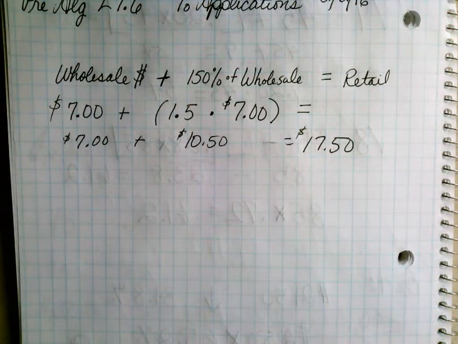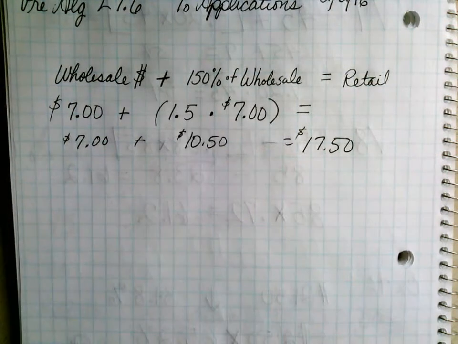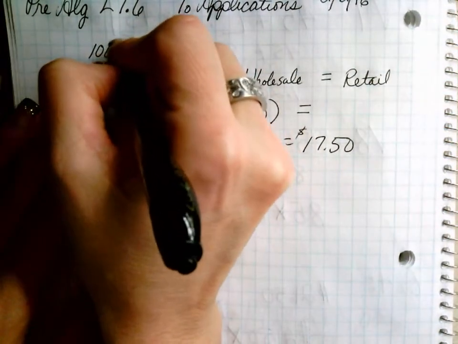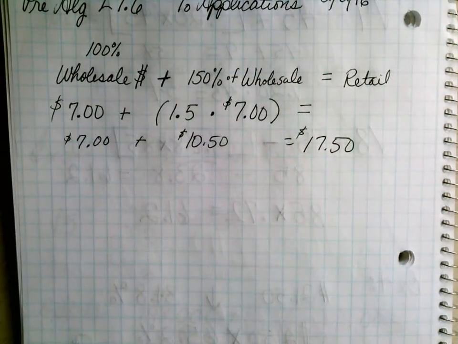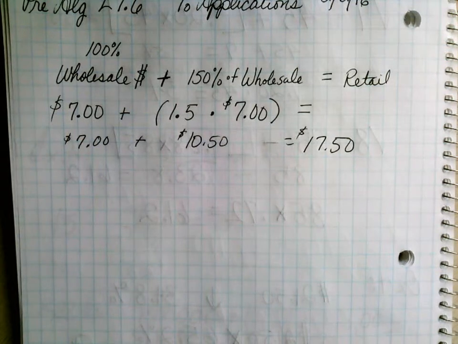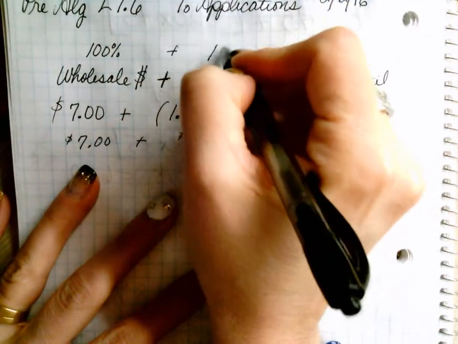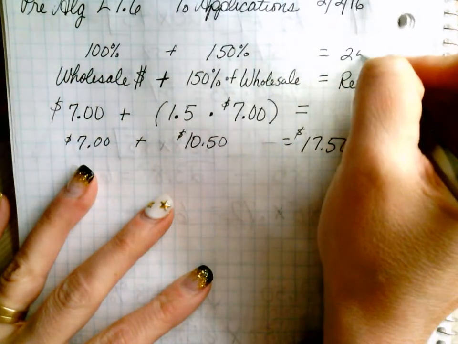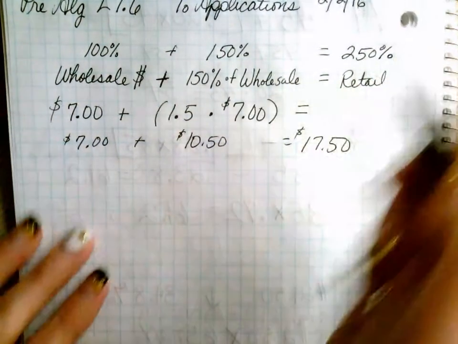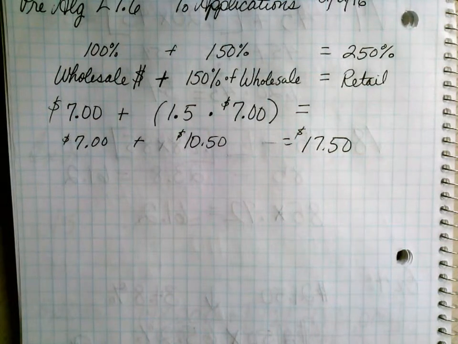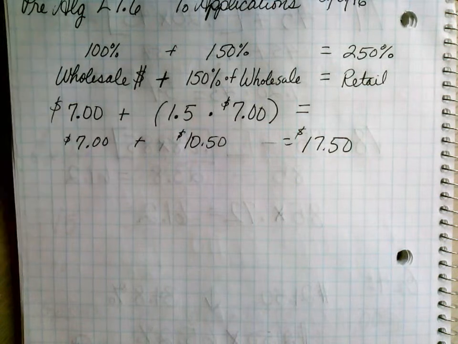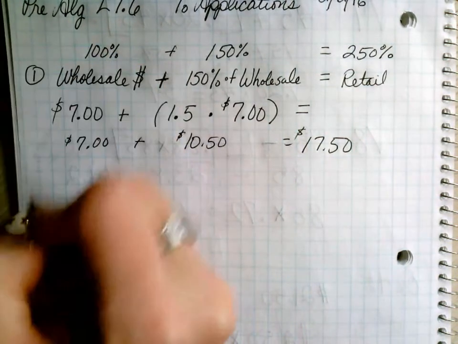Wholesale added to that percentage gives us retail. So if you call the wholesale 100%, whatever that was, $7 is the original amount, and we add 150% to it, it would make sense to say that the retail cost is 250% of wholesale. Would you agree? Okay, so this is method 1.